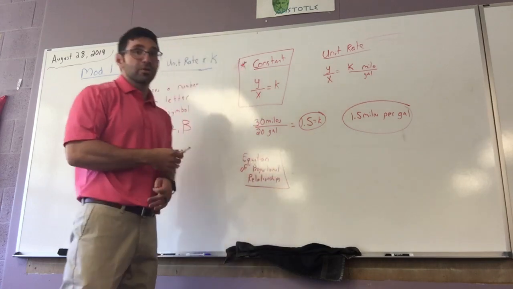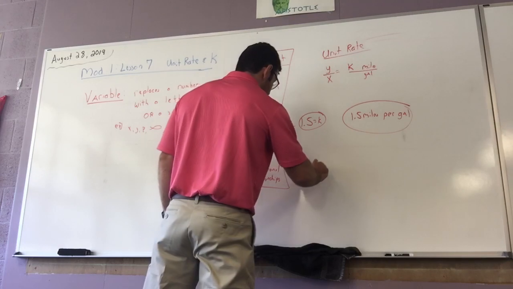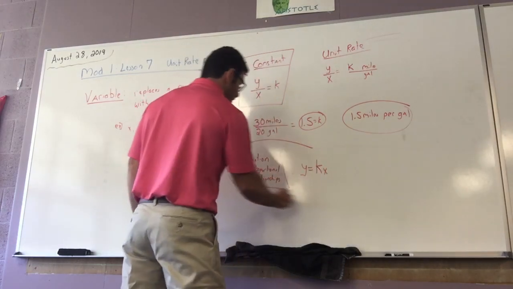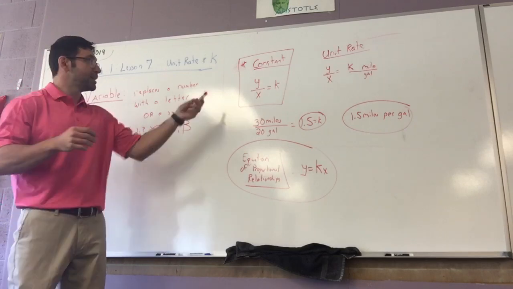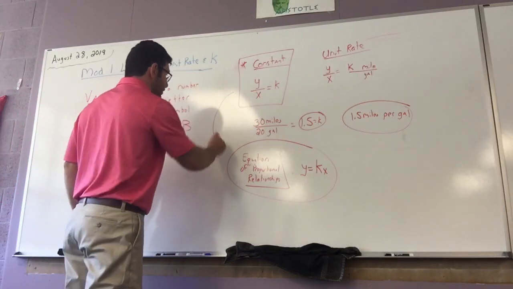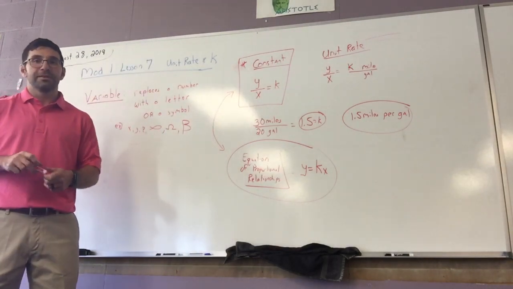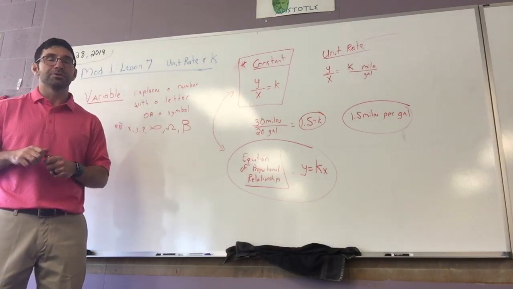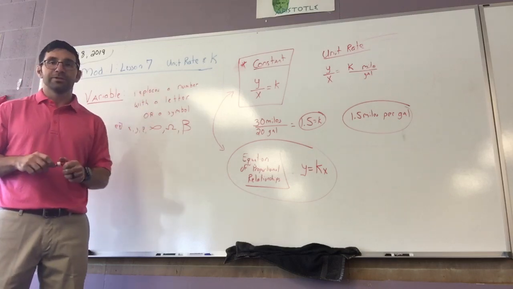This works for all proportional relationships, but you have to have k first. We know it's y equals kx. We use this to find a missing value. Okay? You'll need, again, I know some of you are rolling your eyes at me even on the computer because we might have done this once, twice, 7,000 times already and we're only on day 11 of school. You need these two equations.